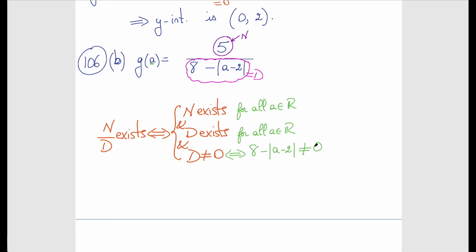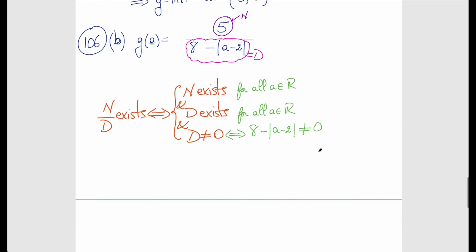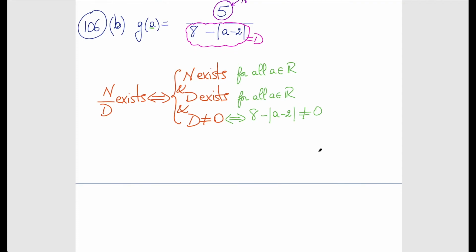Alright, so the question becomes, what are the restrictions on a so that this guy is not 0? So the question again, when does this happen?